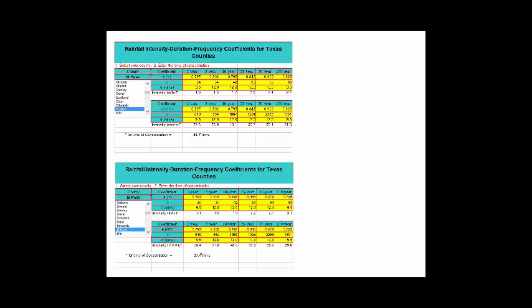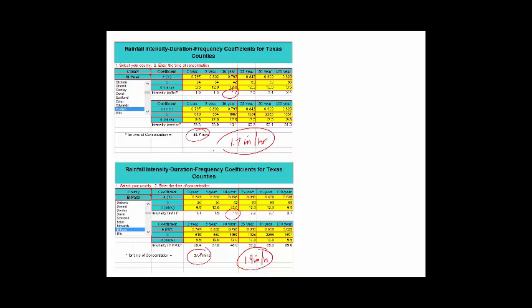So the easiest way is to calculate the time of concentration using this Excel file I gave you. Remember, it's for a 10-year. So you have 1.7 inches per hour, and here you have 1.9 inches per hour.